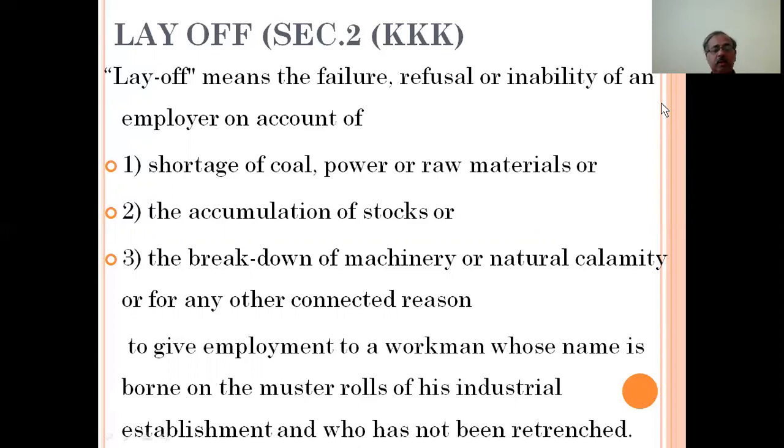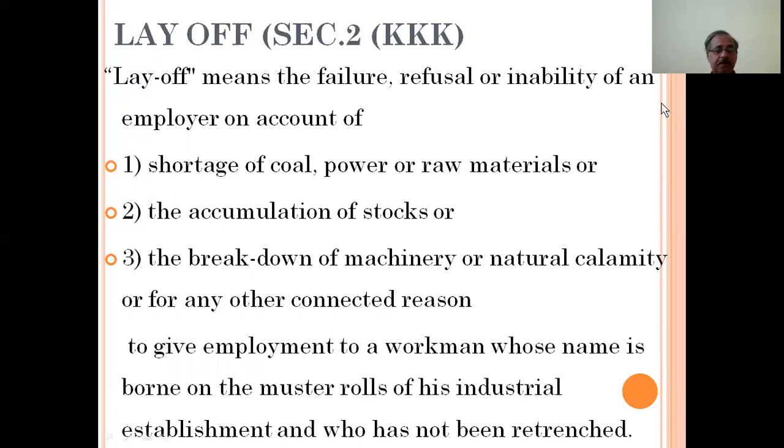So according to section 2 triple K, layoff means the failure or refusal or inability of an employer to provide employment to his employees whose name is borne on the muster rolls of his industrial establishment and who has not been retrenched, due to the shortage of coal, power or raw materials, or the accumulation of stock, or the breakdown of machinery or natural calamity, or for any other connected reason.